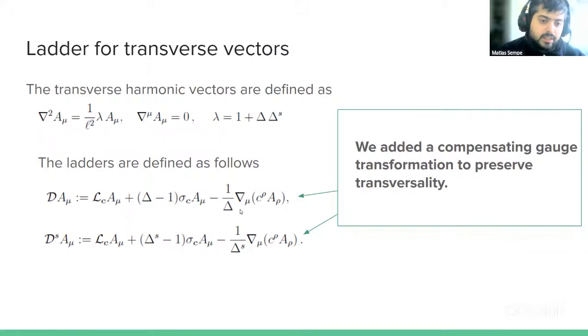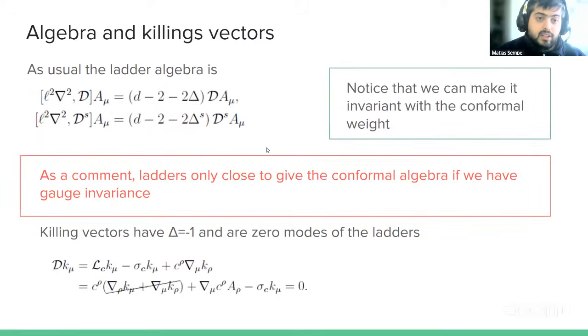It can be erased in the case that A is gauge invariant, because we can do a gauge transformation and get rid of this term. Otherwise, this is just a term that is added as an operator, so we cannot erase it. So we cannot do the commutator and at the end do a gauge transformation. We have to take all this into account and do the commutator with the full operator. So, the algebra and the Killing vectors.